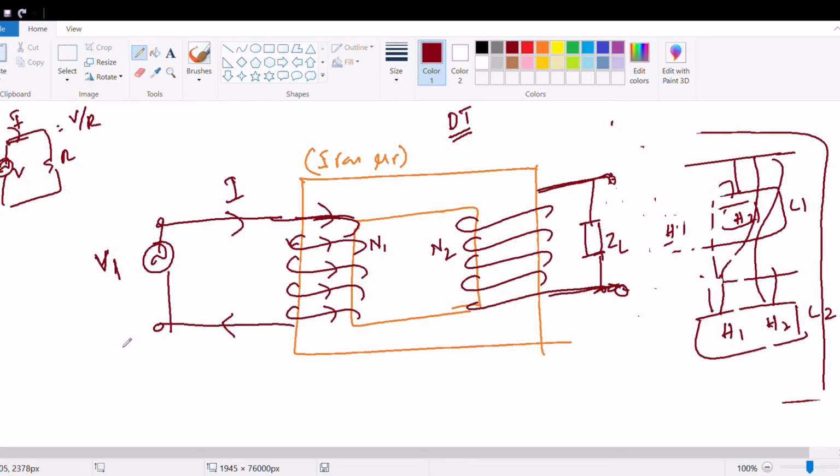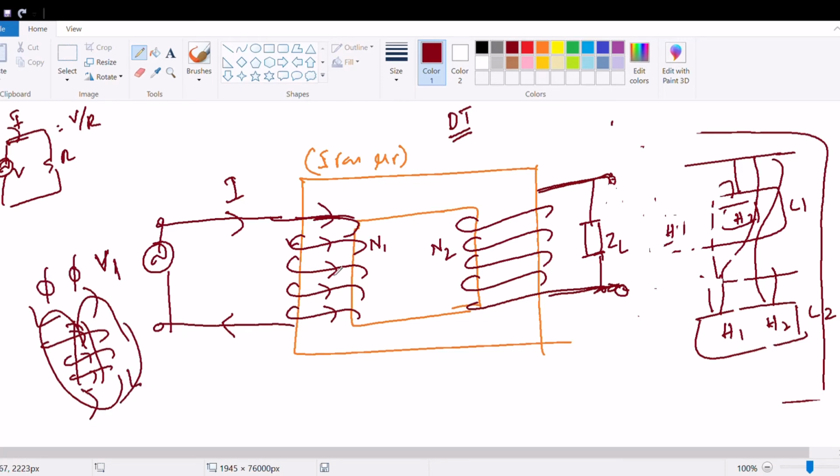Now, from the right hand thumb rule, you get the flux direction. Suppose the current flows like this, goes back and enters like this, you get the flux direction as upward. So it produces a flux.